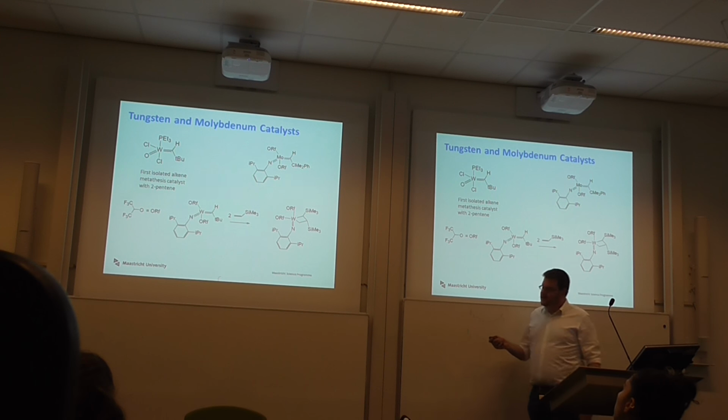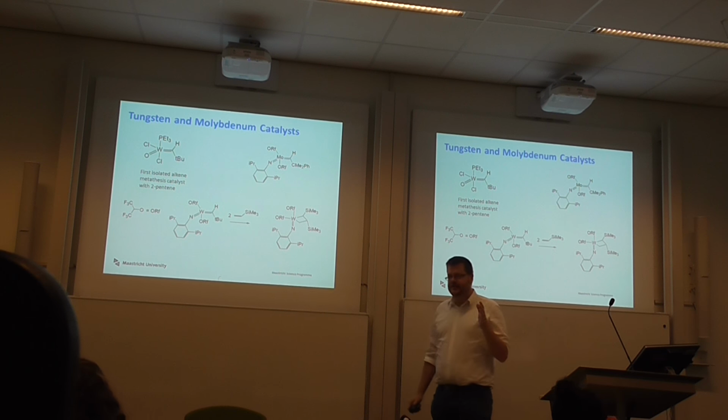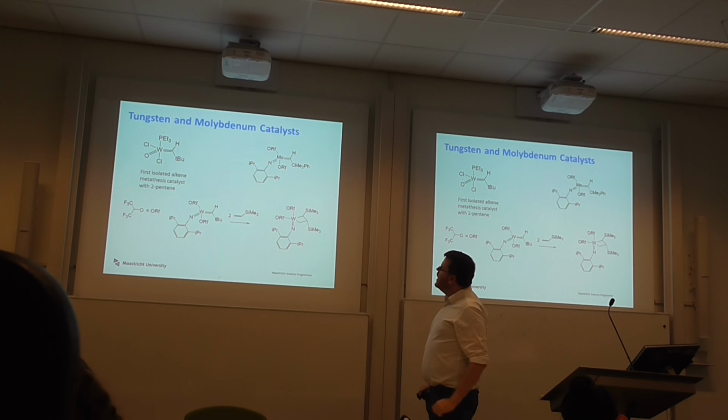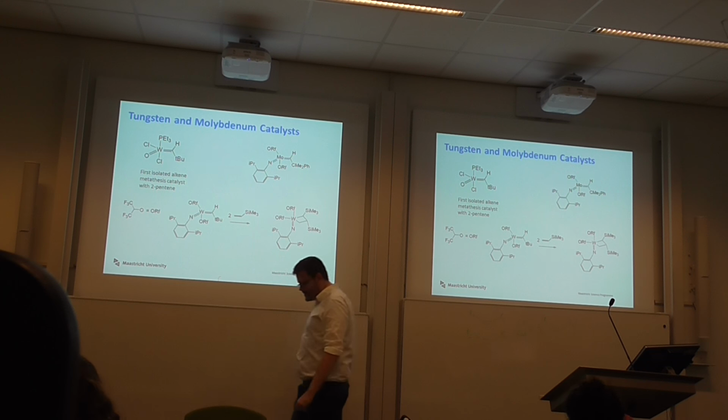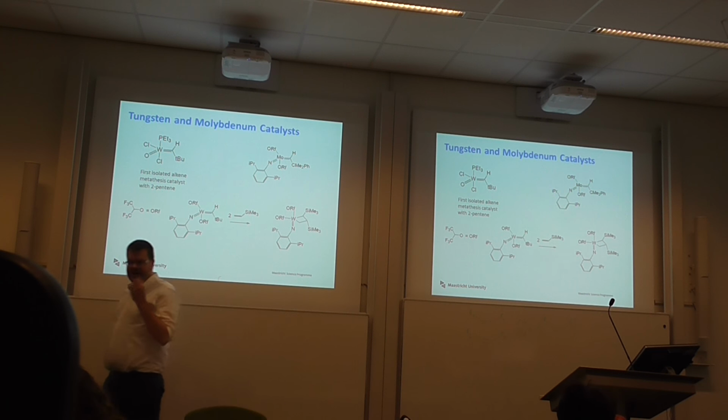That's the first isolated example, sometime in the 1970s, right? And these examples here, I just put them on. These are sort of more recent examples of active alkene metathesis catalysts from Schrock, right? And basically what he did later on is he decorated this with these imido groups.